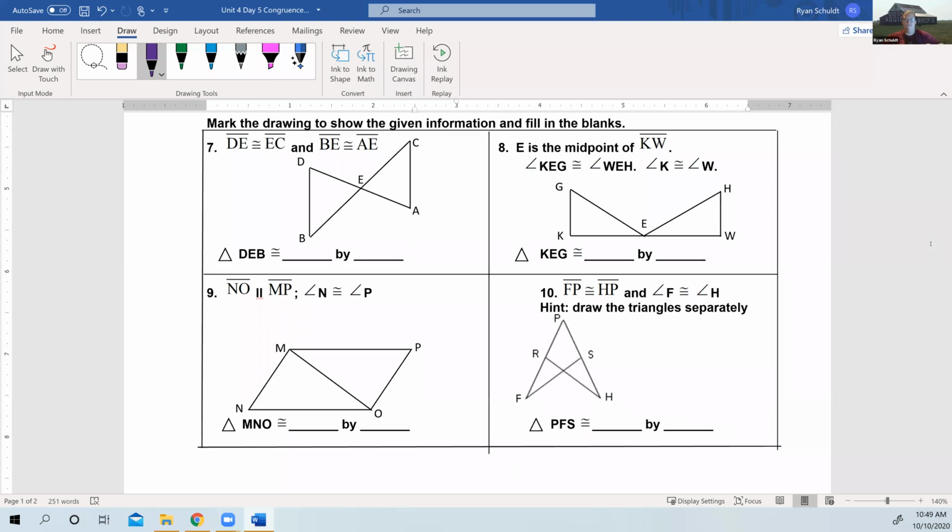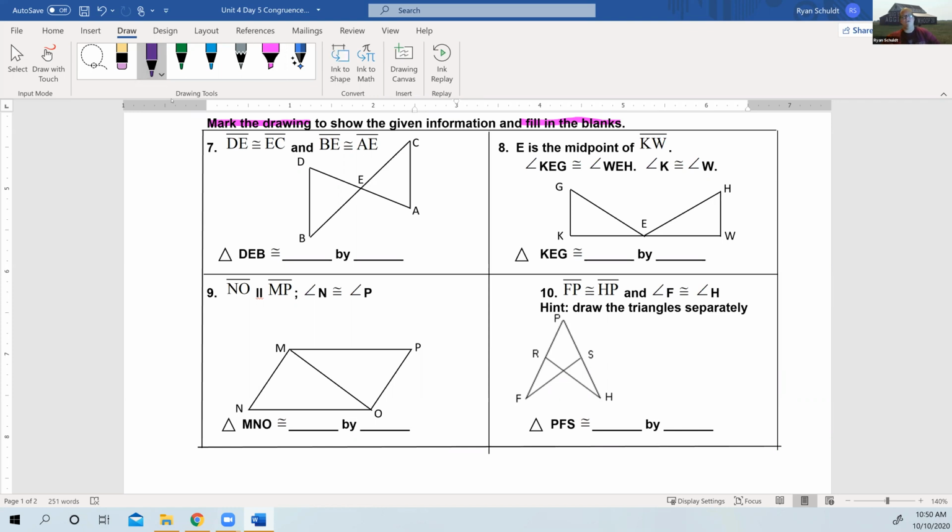Okay, 7. We have segment DE is congruent to segment EC. So here we have 2 things we have to do. The first is mark the drawing. The second is fill in the blanks. If you don't do both, you can't get full credit.